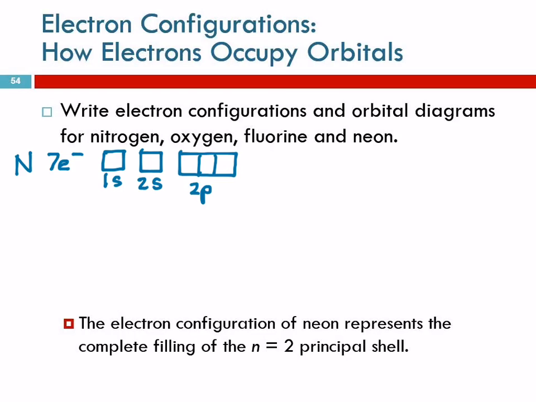So let's put these electrons in here. Pick a different color. So I'm going to count to 7. 1. Oh, that's way too fat. See if this is better. 1, 2.